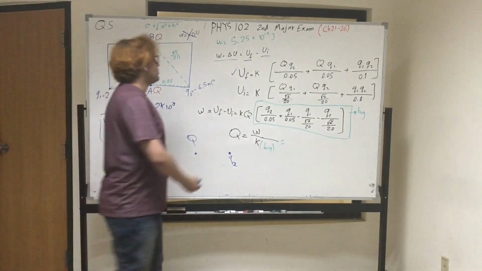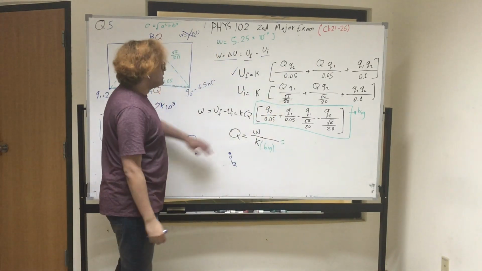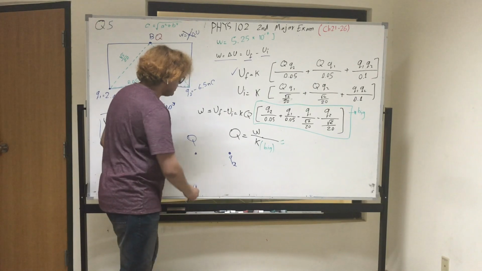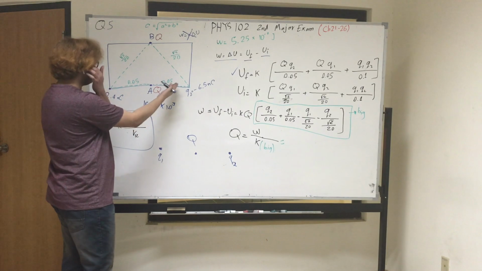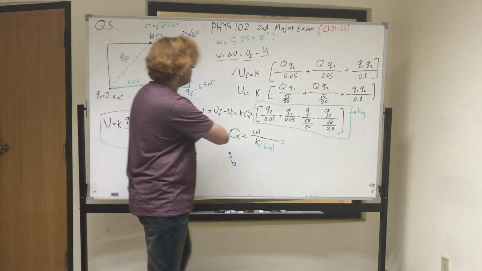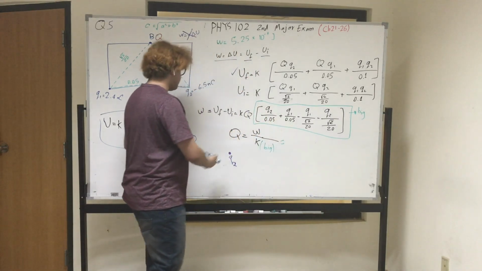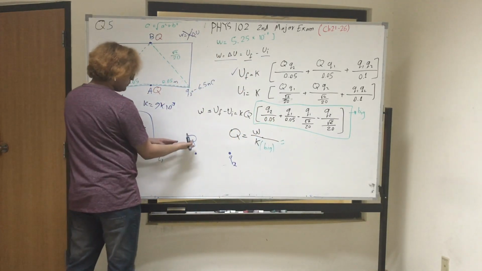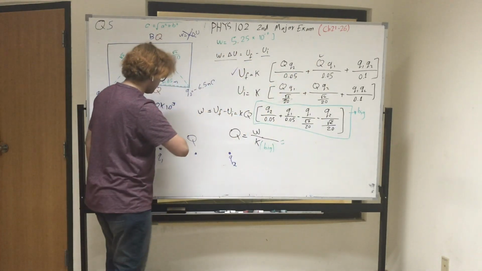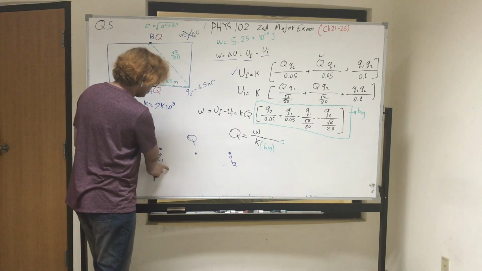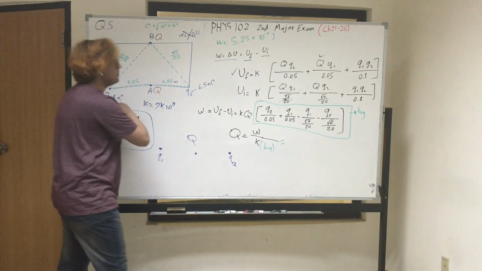K times Q capital times Q2 over the distance between them, which is basically 0.05 meters. This is our first part of the potential energy. The second part is we take Q times Q1, the value of this charge multiplied by the value of this charge, divided by the distance between them, which is 0.05.